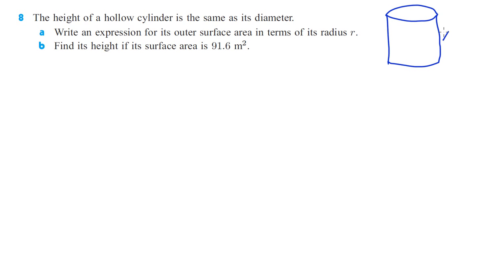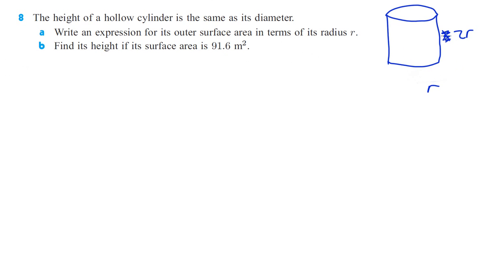So let's call the height x, and then the diameter is going to also be x. It does ask to write the expression in terms of its radius. So since this is x, let's call this just r, so then that would be 2r. Okay, so let's get rid of those a little bit better way.